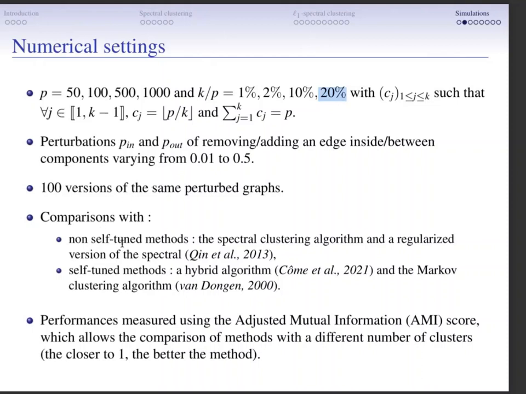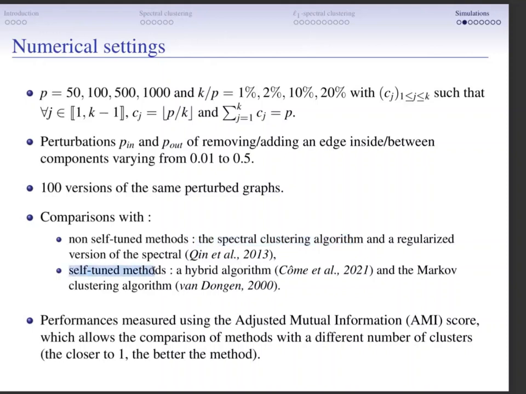And we compared our algorithm with different methods. The first class of methods we compared with were non-self-tuned methods. What I call a non-self-tuned method is one where you need to give the number of connected components of the true graph. We compared with the spectral clustering algorithm as previously defined, and a regularized version of the spectral.